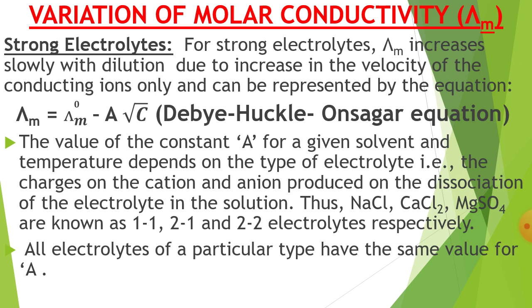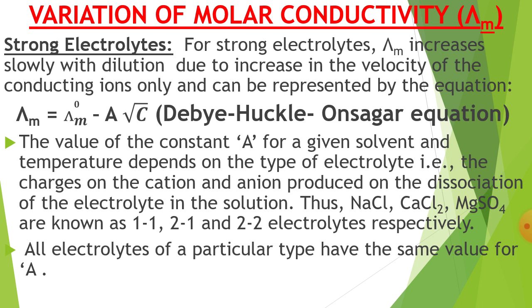Now variation of molar conductivity. This is also an important topic. As you know that two types of electrolytes are there, strong electrolytes and weak electrolytes. So molar conductivity also depends upon the type of electrolyte, but conductivity does not depend upon the type of electrolyte.